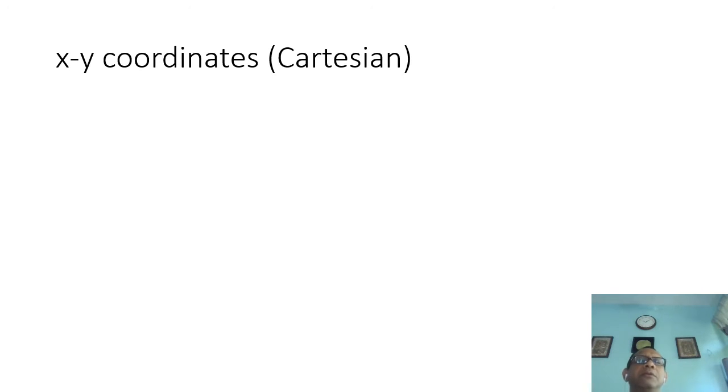So we'll start with the XY coordinate system, the Cartesian coordinate system. What is a Cartesian coordinate system? Basically, it's a set of two axes perpendicular to each other. One is the vertical axis, and we'll take that as the y-axis, and the other one is the x-axis.